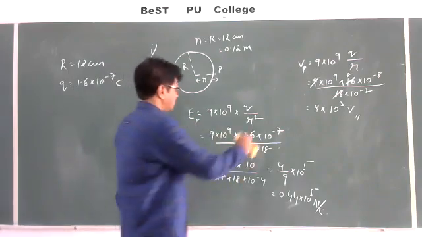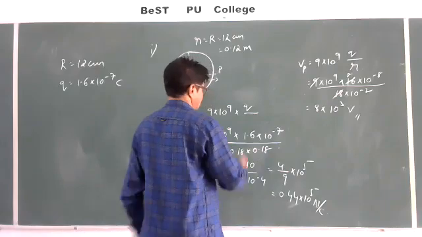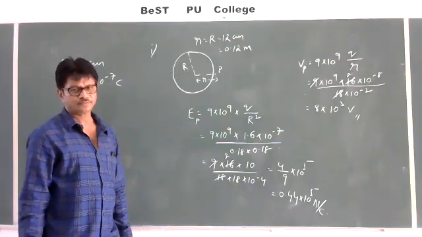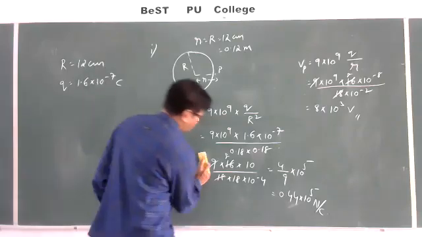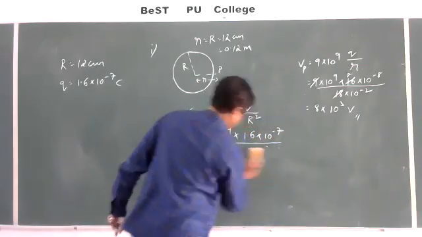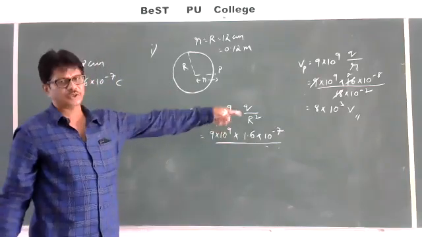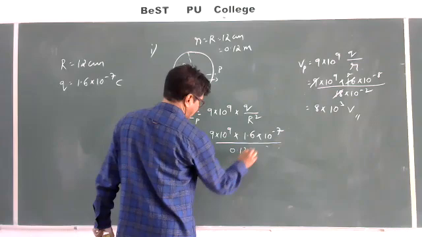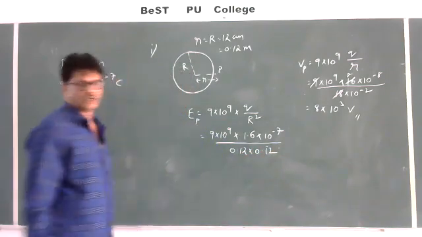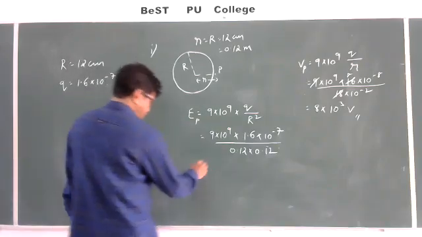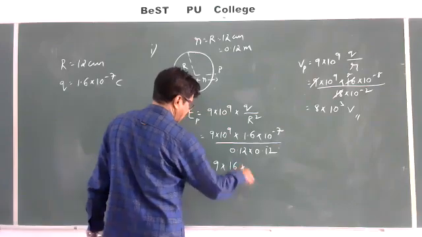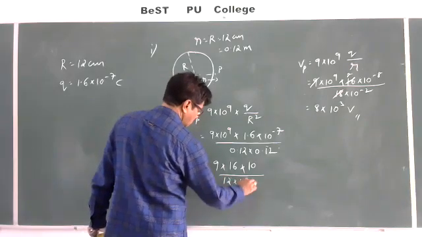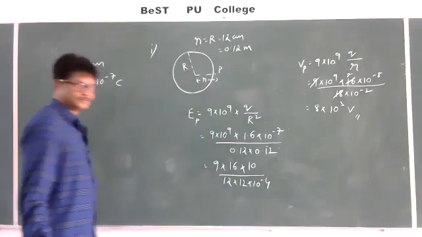Now the same procedure. Electric intensity at P is 9 into 10 to the power of 9 Q by capital R square. 9 into 10 to the power of 9, Q value is 1.6 into 10 to the power of minus 7, R value is 12 centimeter, square is there, 0.12 into 0.12. 9, 16 into 10 by 12 into 12 into 10 to the power of minus 4.